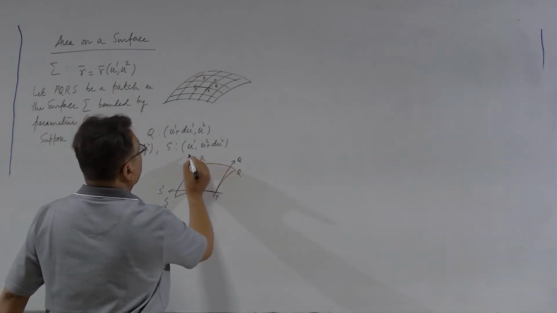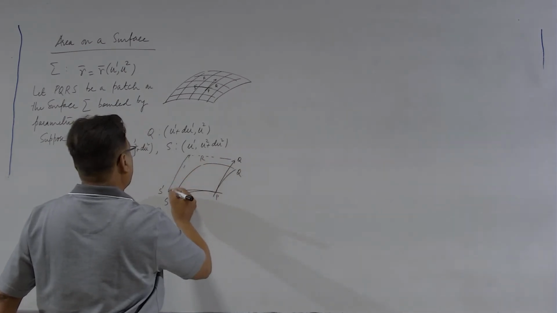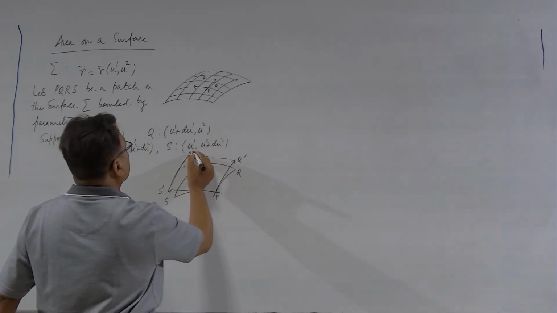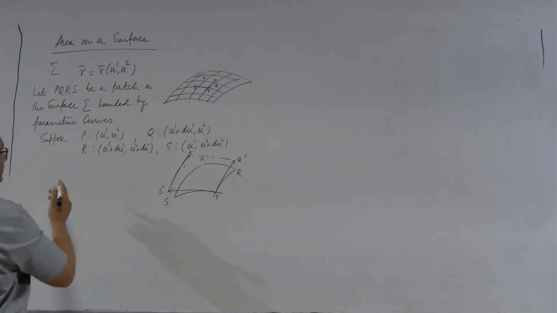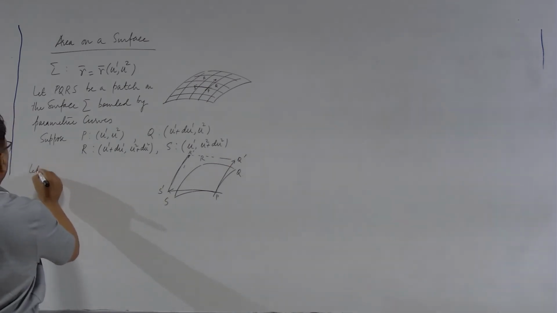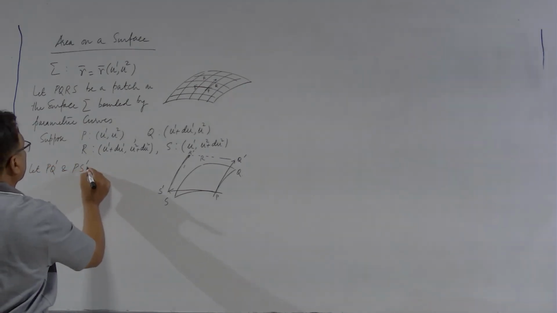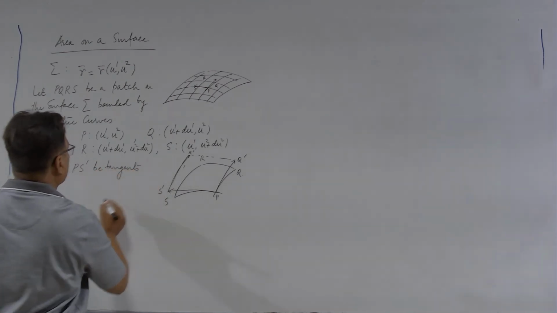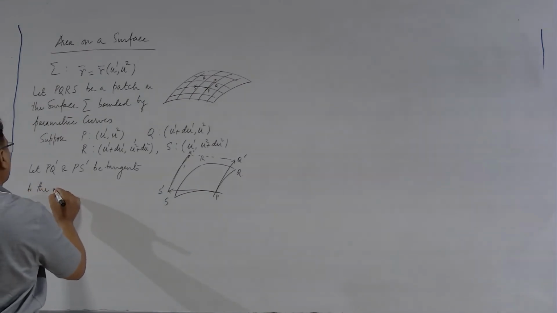So, I will complete the parallelogram, and this is R dash. So, complete the parallelogram P Q dash R dash S dash. So, let P Q dash and P S dash be tangent vectors to the parametric curves.